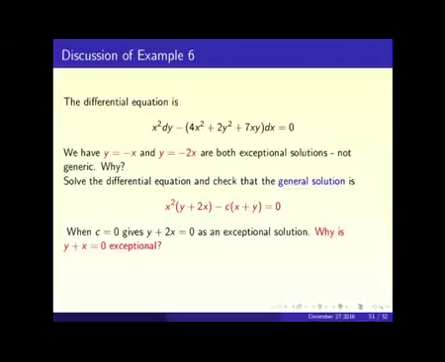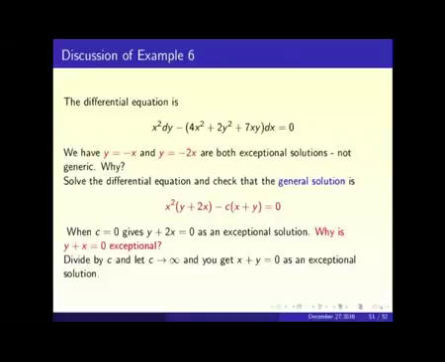But why is this one a special solution? You divide by c and let that c go to infinity. And what do you get? You get x plus y equal to 0. So you see that y equal to minus x is also a special solution. So there are these exceptional solutions which are not generic and they will always be there.